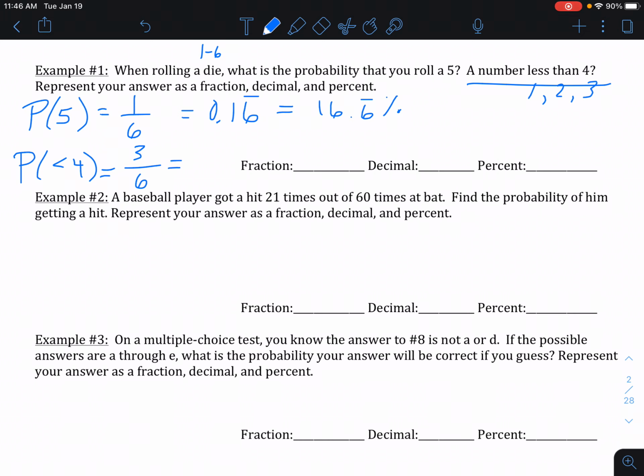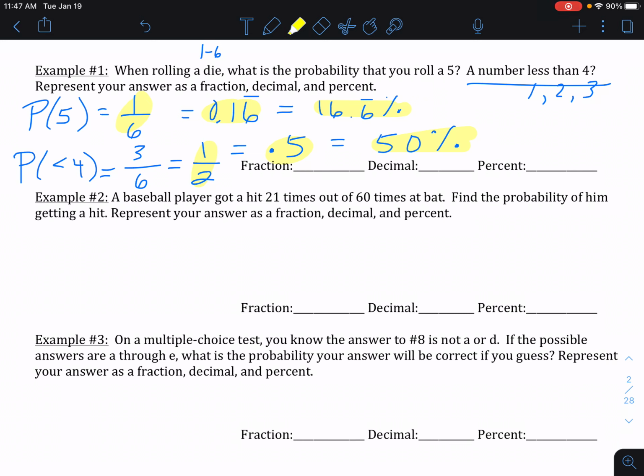We must always try to reduce the fraction. So that would become 1/2. The decimal would be 0.5, and the percent would be 50%. So reduced fractions, decimals, and percents.